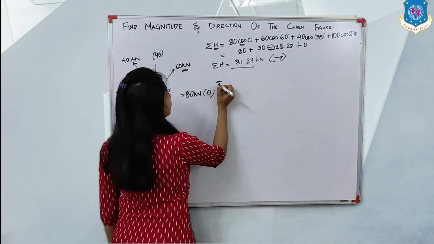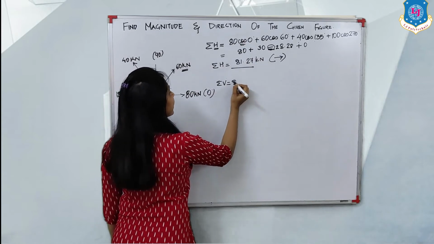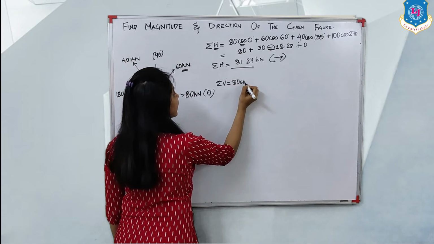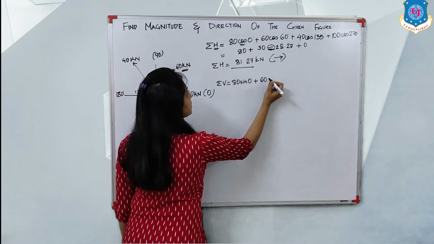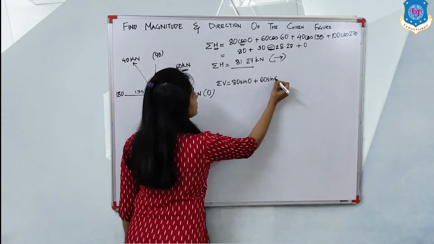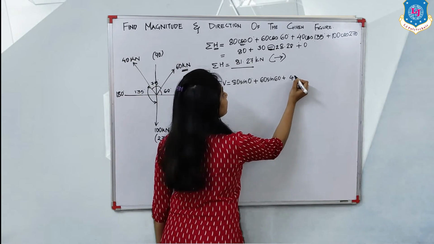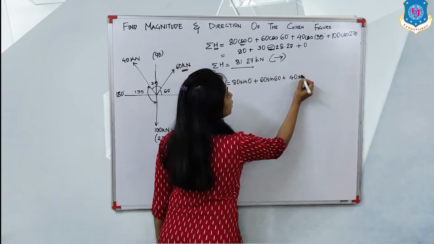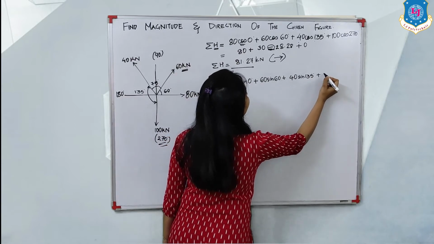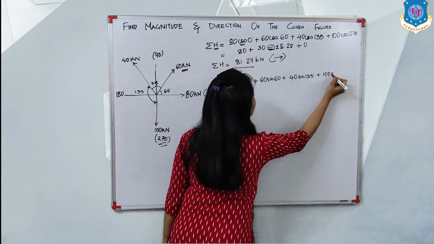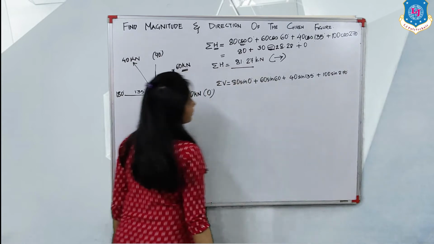Similarly, if I calculate my sigma v, instead of cos theta I will have to multiply with sin theta. 16 sin 60 degree, 40 sin 135 degree and 100 sin 270 degree.